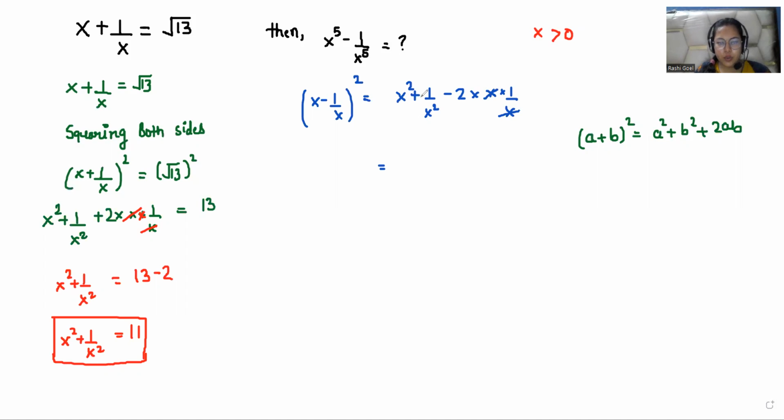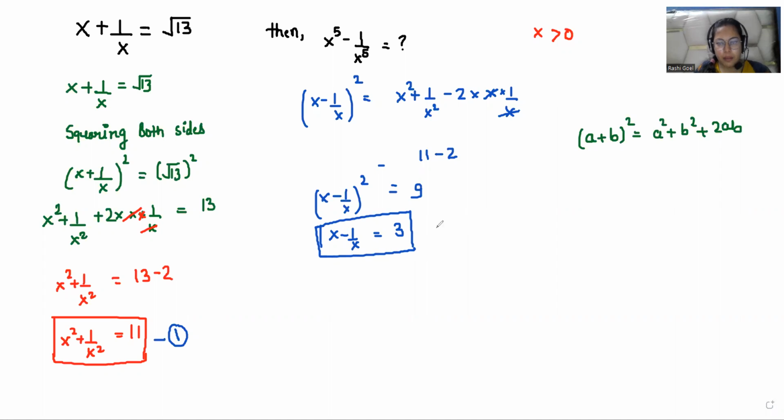So in place of x square plus 1 over x square, with the help of equation 1, I can write 11. So 11 minus 2. So the value of x minus 1 over x whole square is 9 and x minus 1 over x is 3. I am taking this as equation number 2.